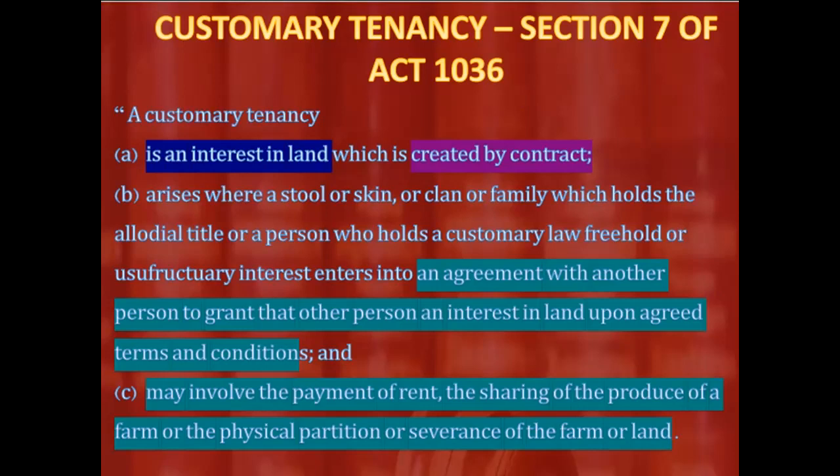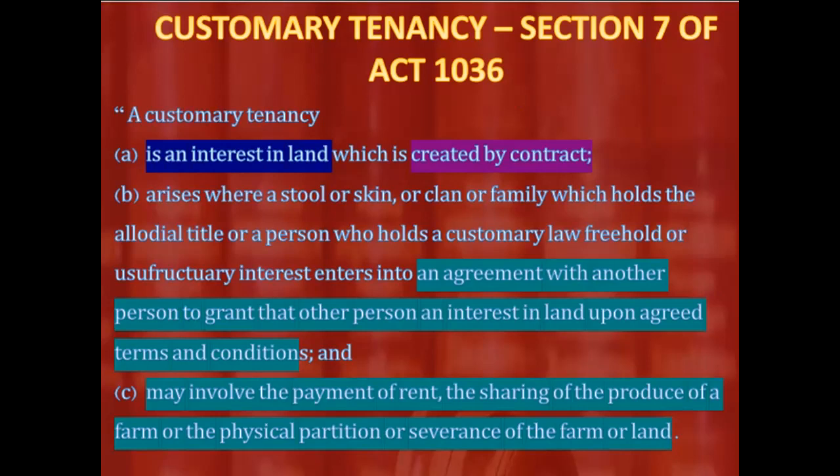Now for the Abusa tenancy, it arises in situations where the owner of the land grants land to another person, let's say the farmer, and the farmer will then cultivate the land and plant his own crops with his own money, with his own labor.